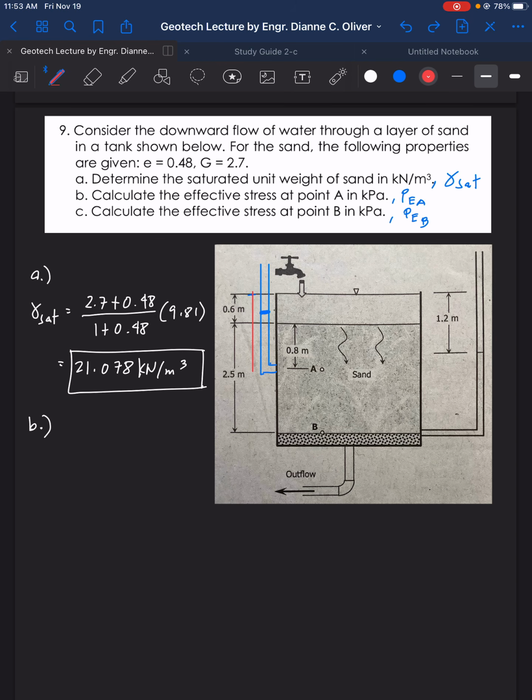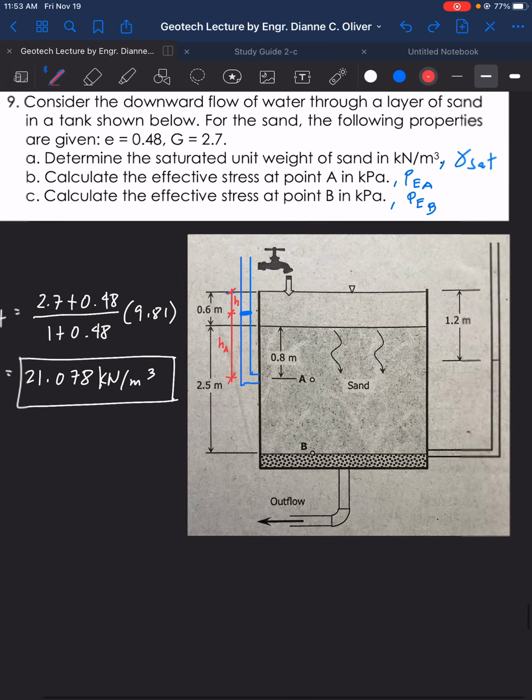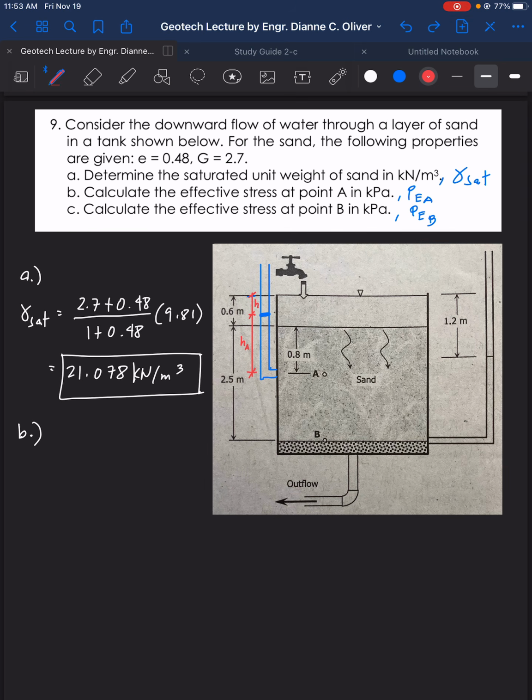Let's name this downward part here H. So this is H. Then let's name here HA, this level of water up to this point here at point A, as H sub A. Okay, I hope that is clear.